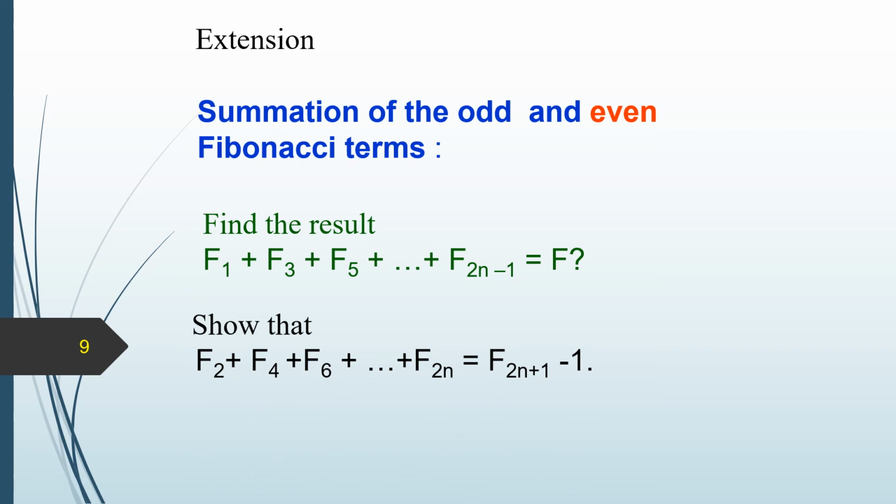Also, if it is even Fibonacci terms, f2 plus f4 plus f6 up to f2n. This is a little bit difficult, so I have given the result. It should be f2n plus 1 minus 1. So we can ask them to show it, to verify it.